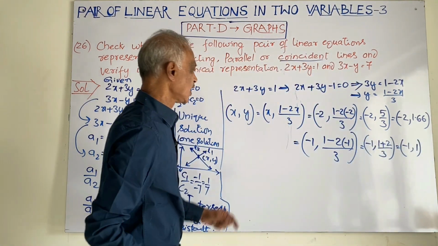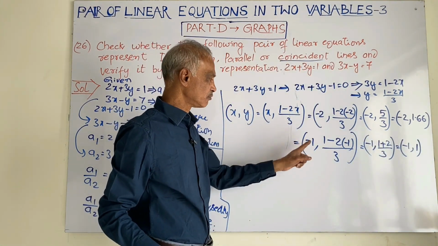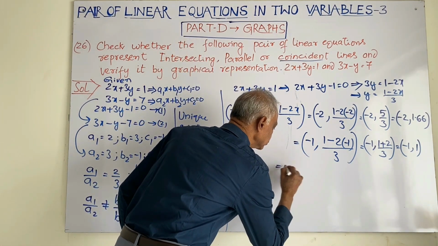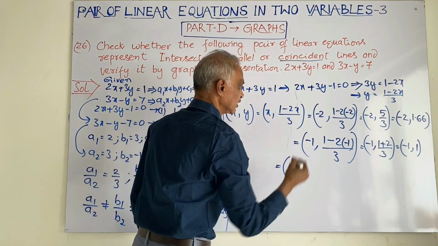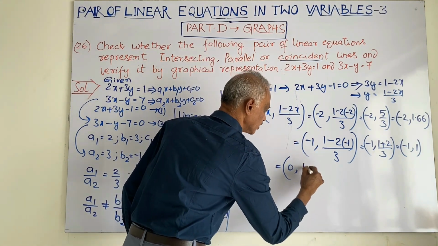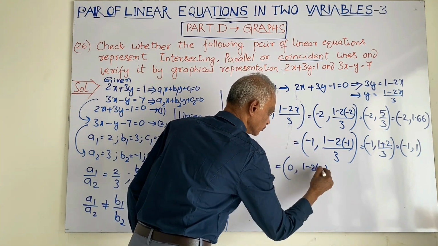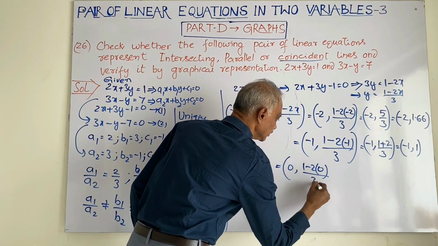Minus 2 I have taken, minus 1 I have taken. Next I will take 0. What is the y coordinate? 1 minus 2 into 0, by 3.